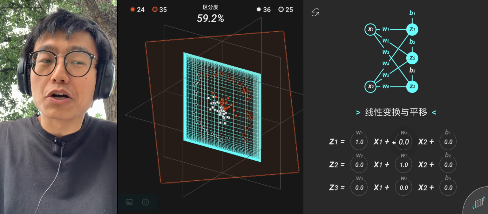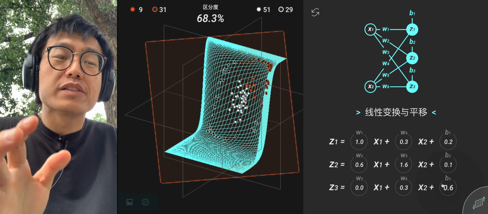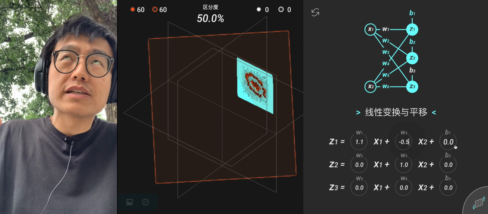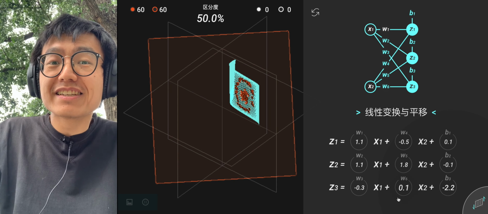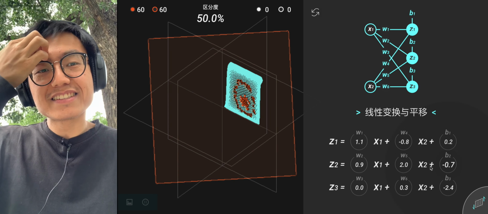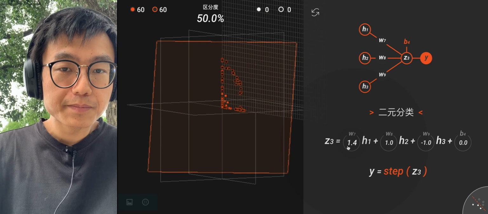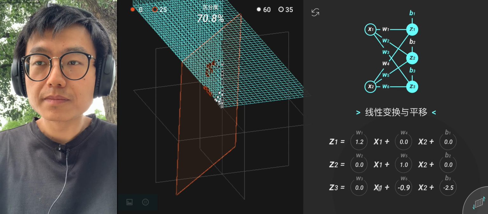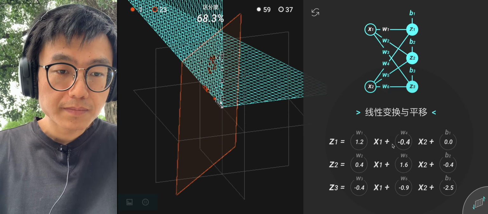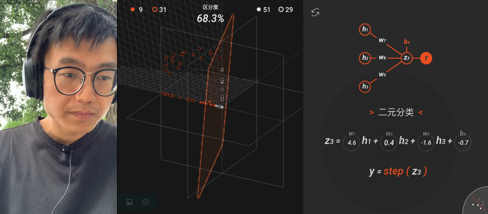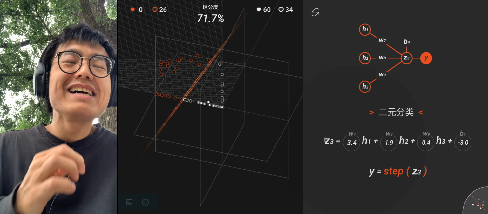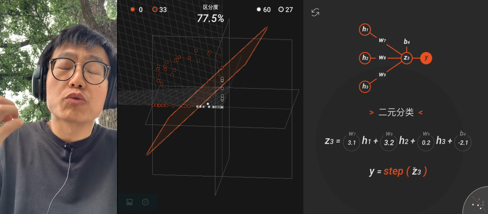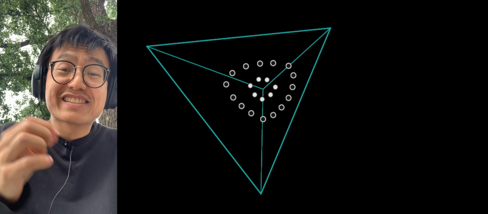Let's first set a goal to use one surface to differentiate the 2 types of points, let's say, reach 80%. Just like this, let's put this class of points into a corner formed by 3 surfaces, and they are separated.